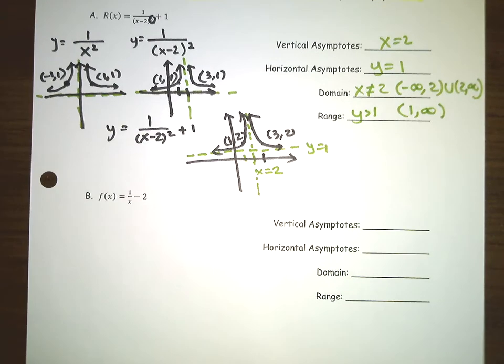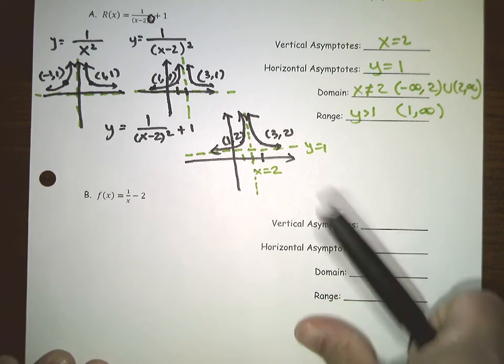All right, so now let's look at another one, and just keep in mind that my main goal here is to get you to think about shifting the asymptotes, because we haven't talked specifically about shifting the asymptotes before.